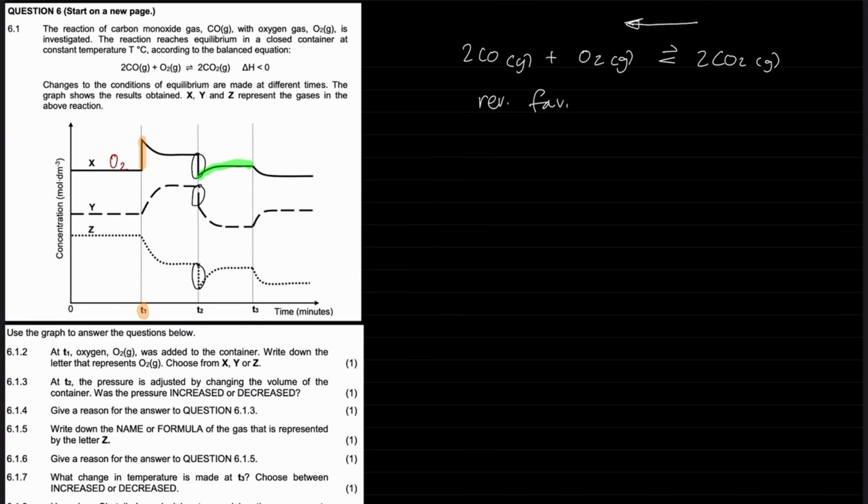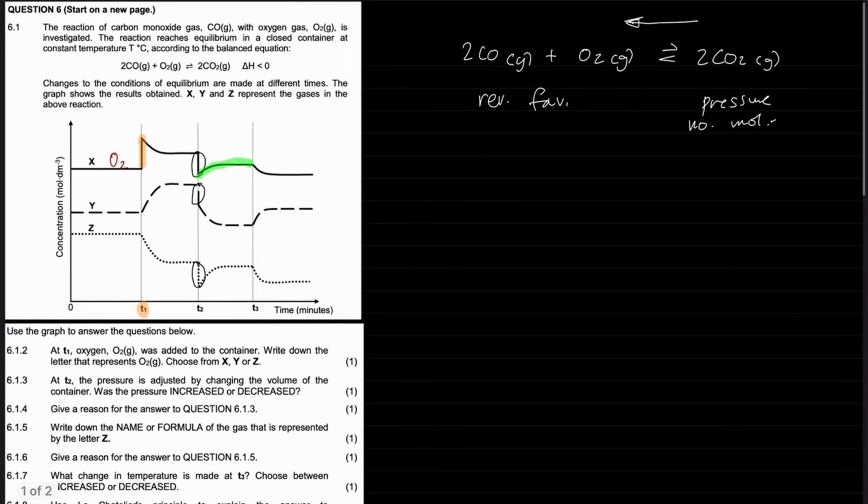Now we need to work backward. Why would the reverse reaction be favored? Or what does the reverse reaction represent? When we talk about pressure, we talk about the number of molecules. The reverse reaction represents more molecules. Remember, this side has 3 molecules, this side only has 2 molecules.